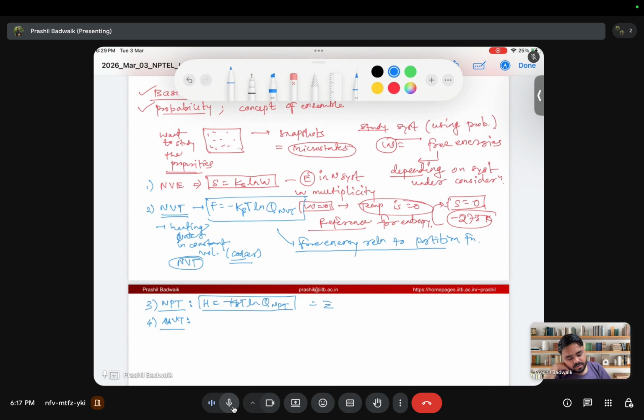So here there will be two summations. First we will do a summation over all the energy states, that's where it is exponential of minus beta EJ, correct? And in the second case we will be changing the volume. So summation over all the possible energy states and summation over volume for different volumes.